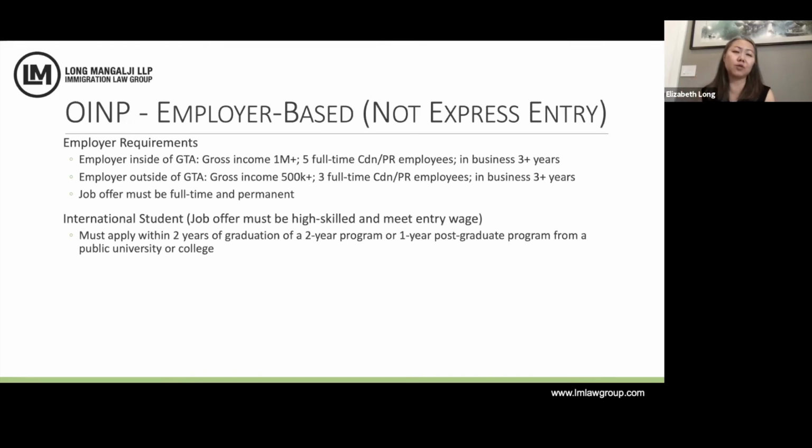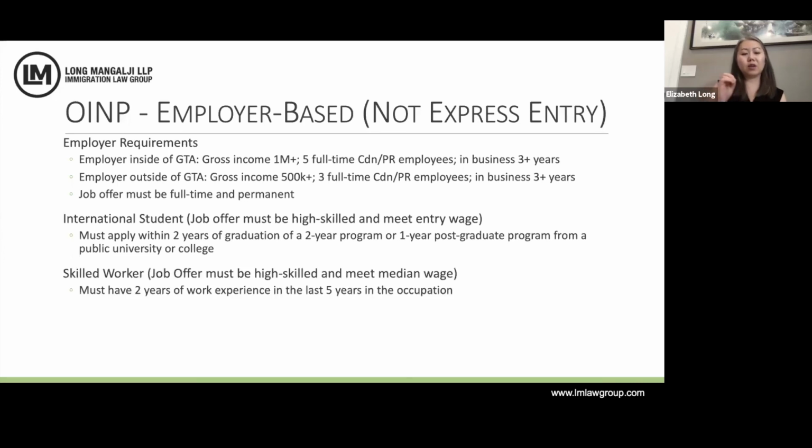Okay, now after that, there are 3 categories. If you're an international student and you graduate, you can qualify for this if you apply within 2 years of your graduation. Now, the job has to be high skilled and it has to meet the entry level wage for your occupation. Okay?